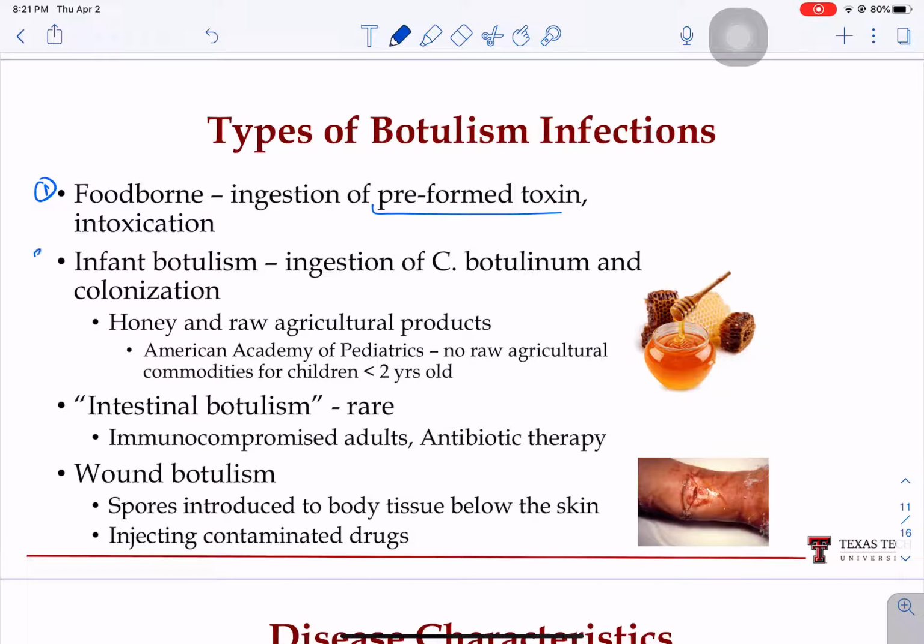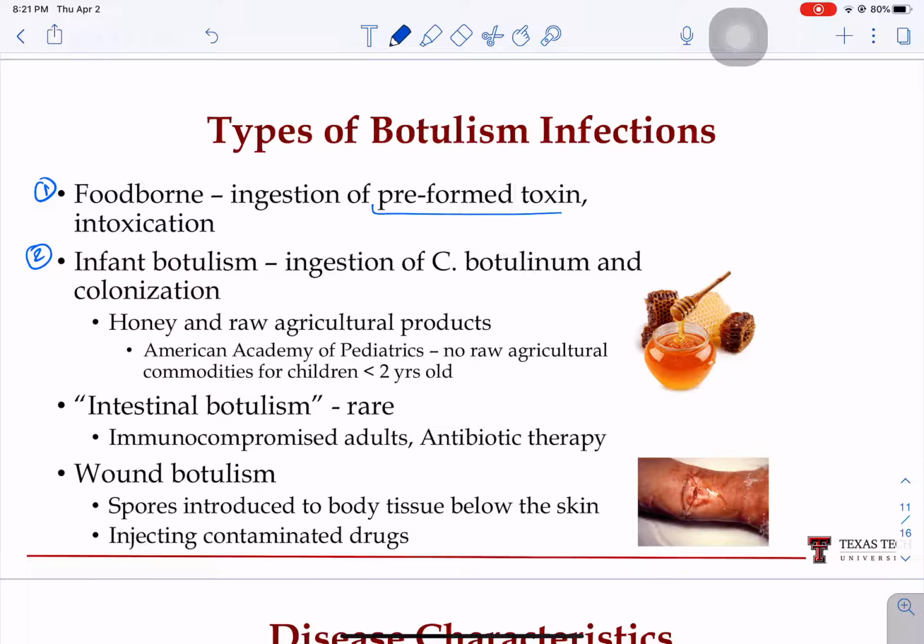Then we have infant botulism, which is associated with honey and is very common in children under 2 years of age. Now there is intestinal botulism, which is very rare and is associated more with immunocompromised patients, but the prevalence of this is very low.